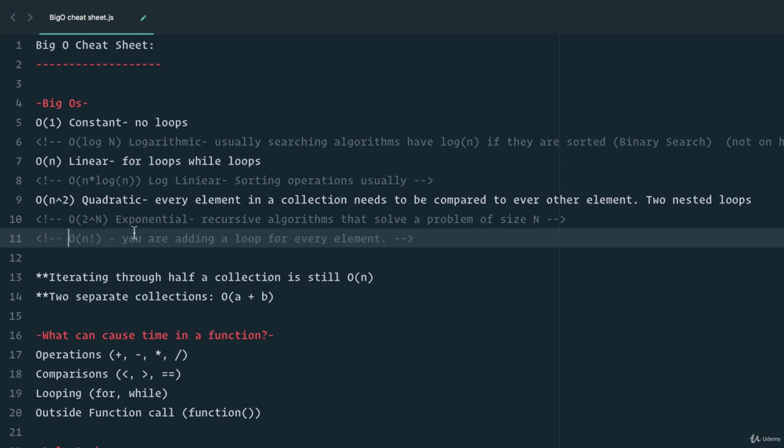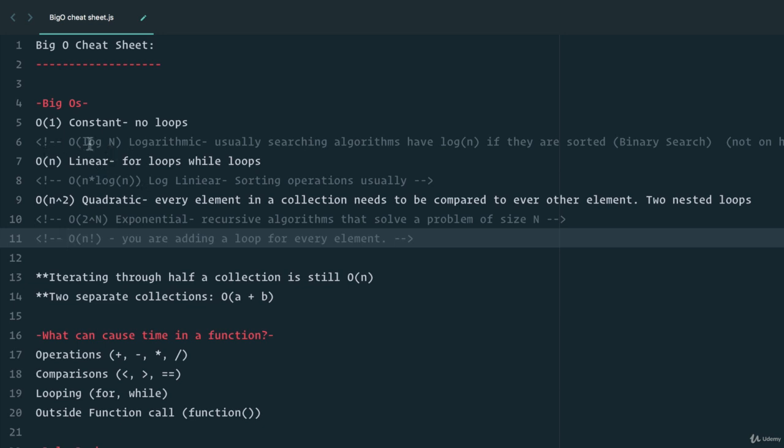But the reason I haven't talked about them yet is because they're going to come up when we talk about data structures and algorithms. These commented out Big O notations are very specific for certain algorithms and data structures to optimize code. So we're going to get into that when we talk about these topics because they'll make more sense to you.